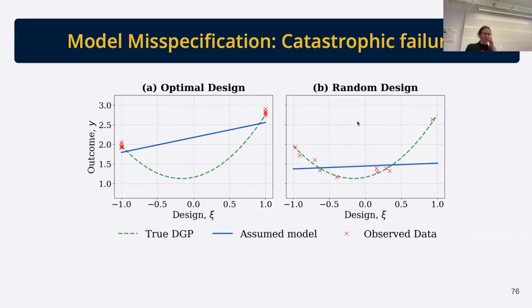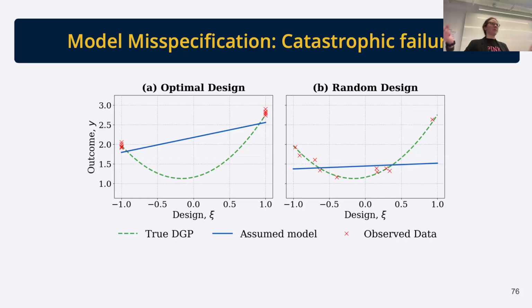So here is a kind of catastrophic failure. If you were to assume a linear model and gather data when the underlying true data generating distribution is a quadratic, right? So if you're in a linear model setting, you always sample at the edges.